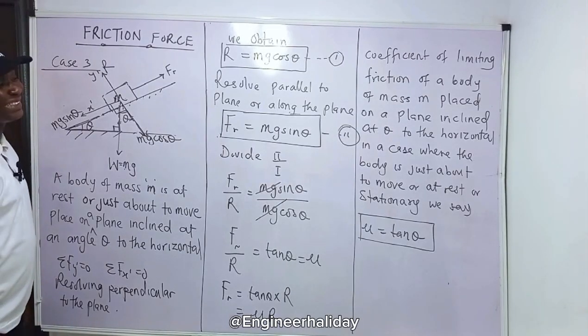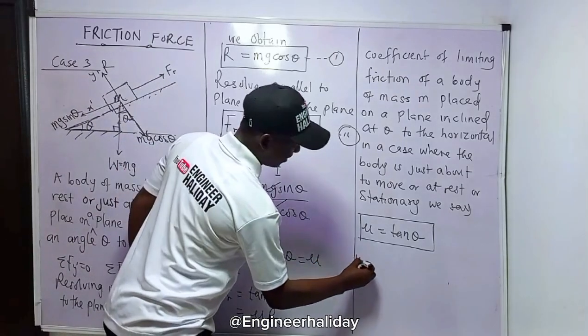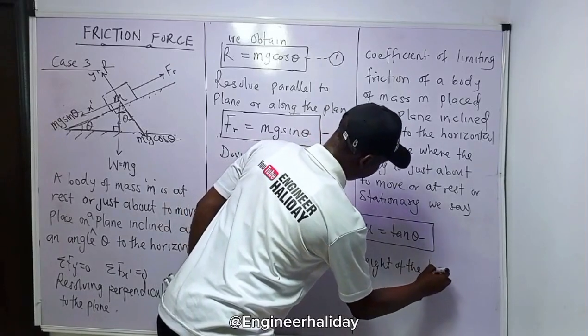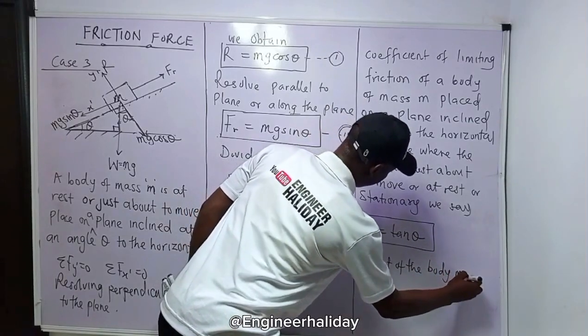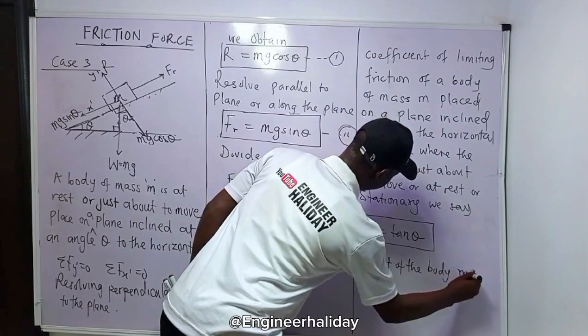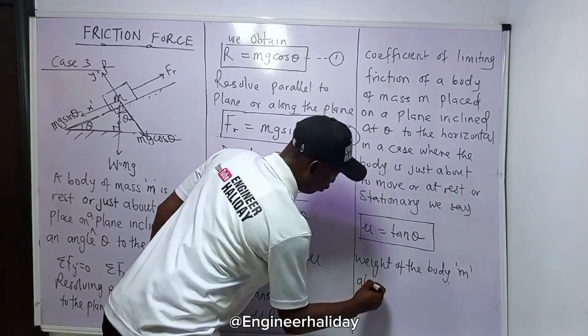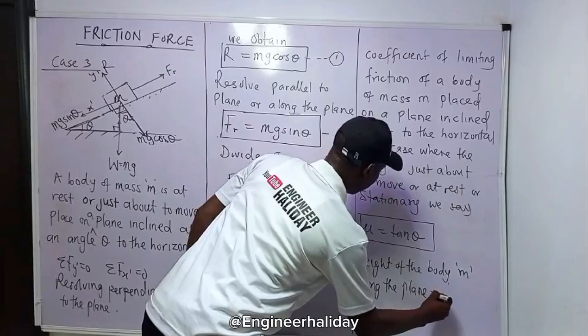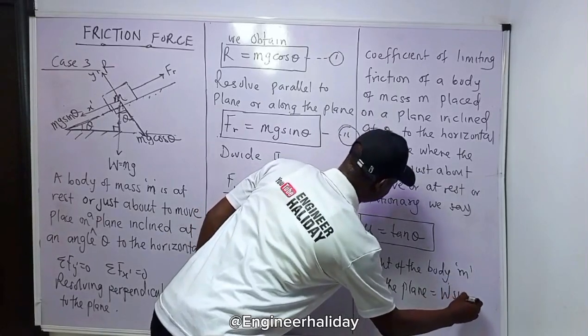Now if they ask what is the weight of the body of mass m along the plane, the answer is W sin theta.